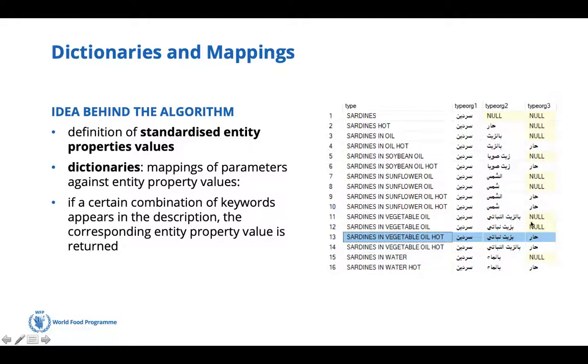Here on the right, I'm showing an example of the sardines. If you have a look, for example, at row 13, so if all those 3 keywords appear in the description, then we can deduce that this commodity is sardines in vegetable oil hot. In a similar manner, we can then extract also other entity property values, that is brand name, quantity, offer, etc.